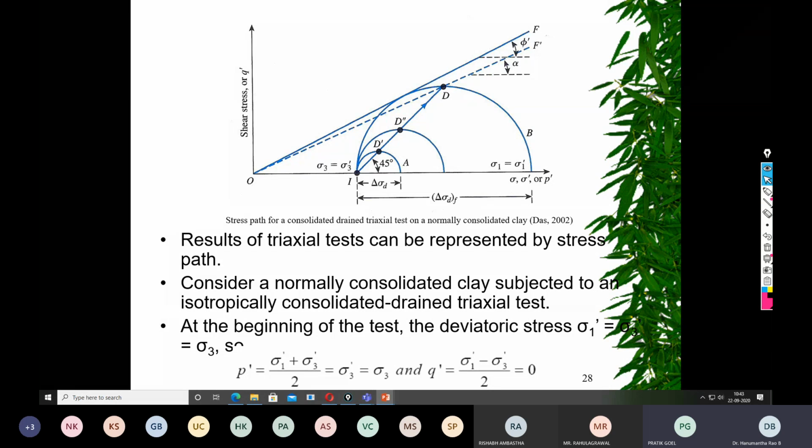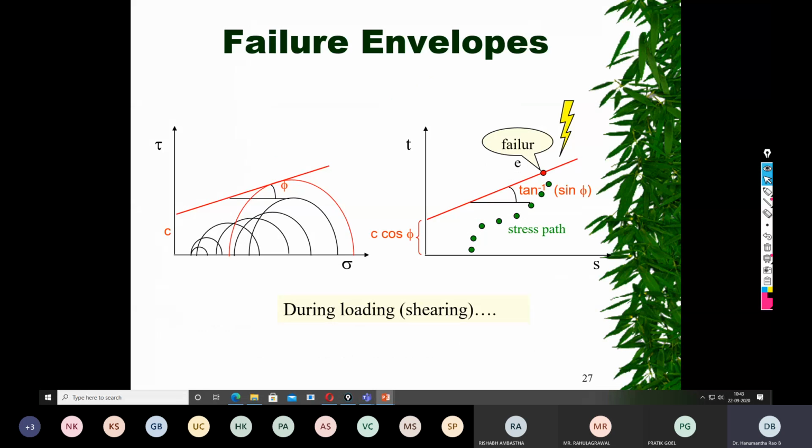The confining stress is kept constant and we are increasing the deviator stress. Then what is the difference of this one? Here also we kept sigma 3 constant and we increased only delta sigma d.